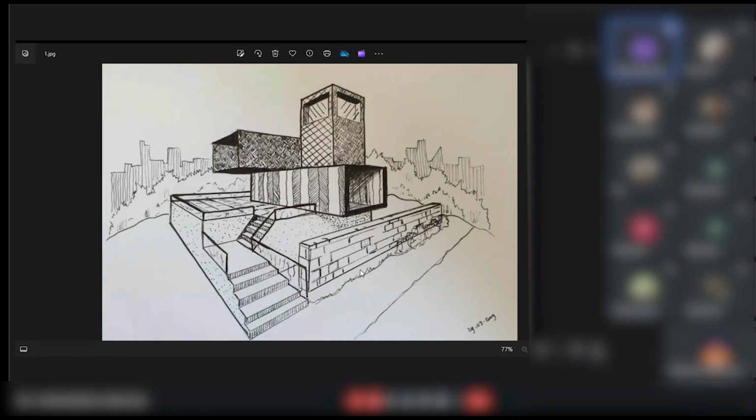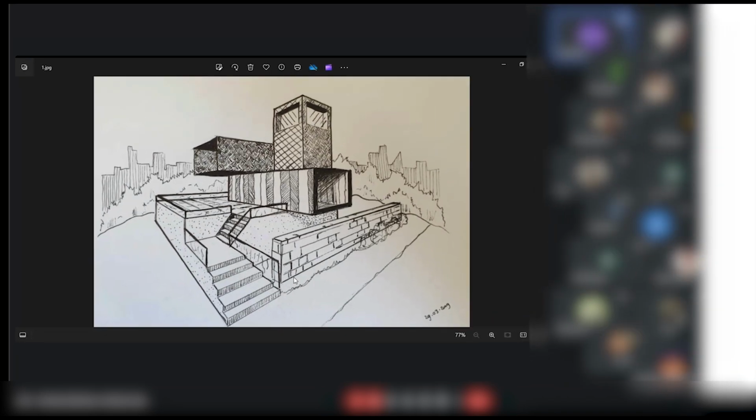This perspective does not apply only to freehand sketching. This perspective of paper space also applies to drawings which you draft on software like AutoCAD, SketchUp, 3D Max. The entire concept applies everywhere.